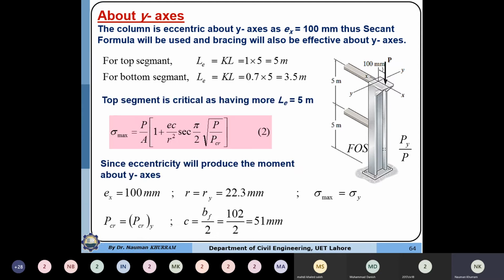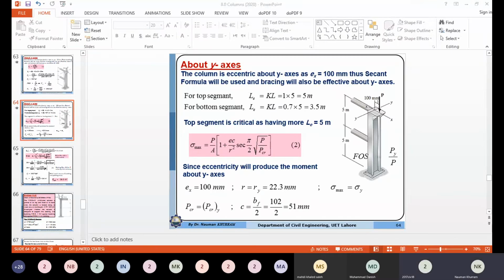That's why I have considered Bf by 2. Bf by 2 means that bending is produced about the y-axis, so this is the distance from the center of the web to the projected tip of the flange, which is half of the flange width. Is it clear? Yes, sir.